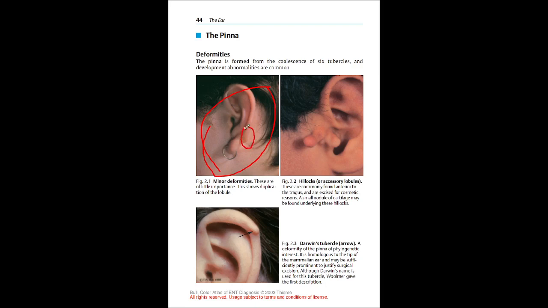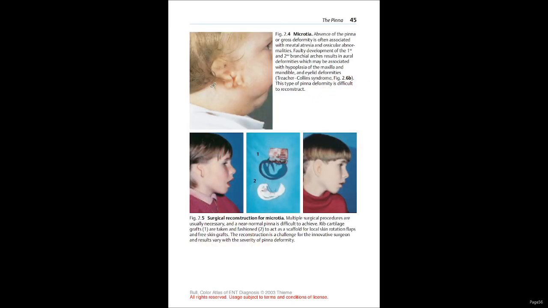See, here's one lobule, this is the second one, and this is an accessory lobule. Okay, this is Darwin's tubercle, just like this. This is microtia, small ears. Okay, small pinna, and this is the surgical reconstruction of the pinna. Very nice one.